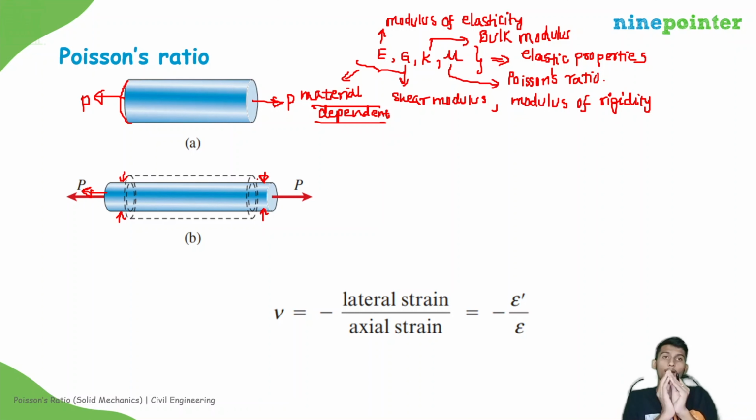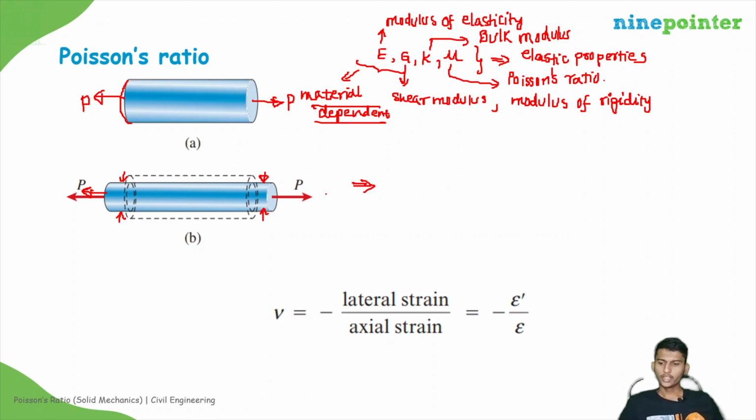Right? So on applying tensile load, there will be elongation in axial direction, but there will also be compression in lateral direction. You can do a practical example if you take any type of material which easily elongates, like a duster. If you elongate that, then it will compress in lateral direction.